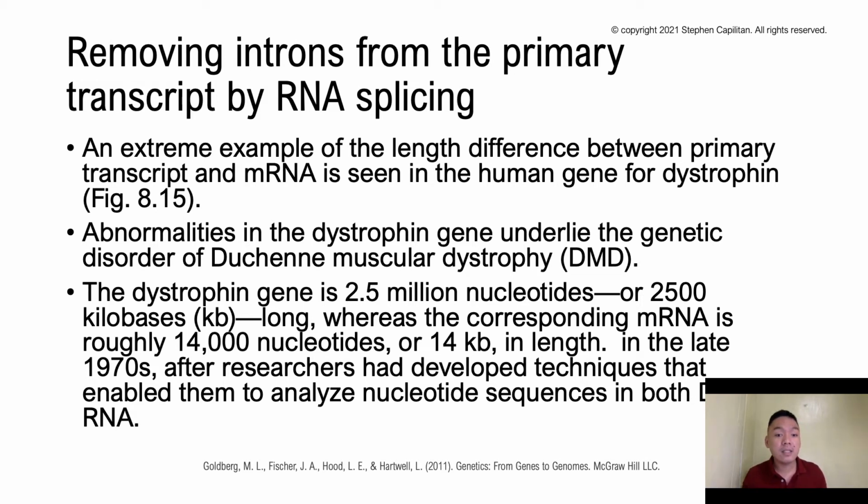In the late 1970s, researchers had developed techniques to analyze the nucleotide sequence in both DNA and RNA of this gene, because they noticed that the gene has 2,500 kilobases, whereas the mRNA is reduced to just 14 kilobases in length. It has reduced its number.